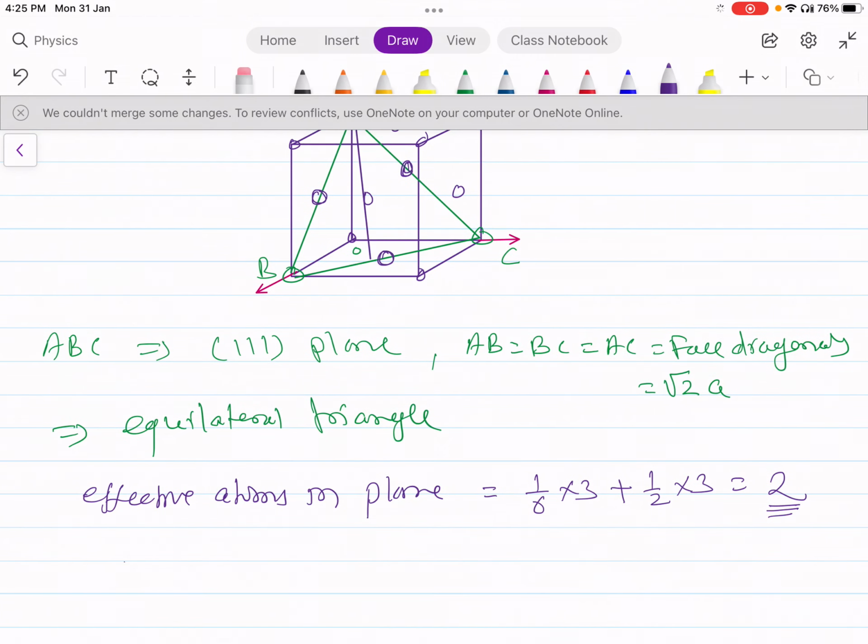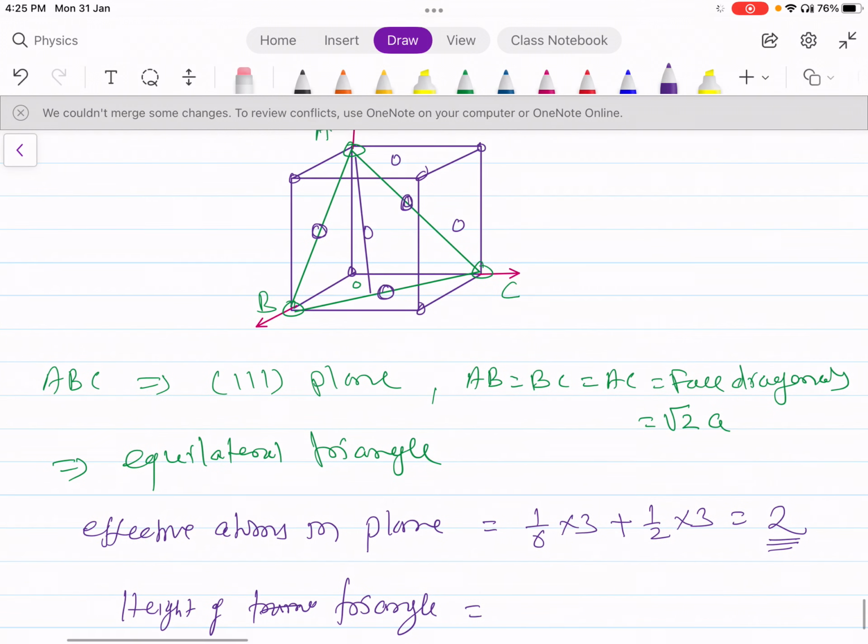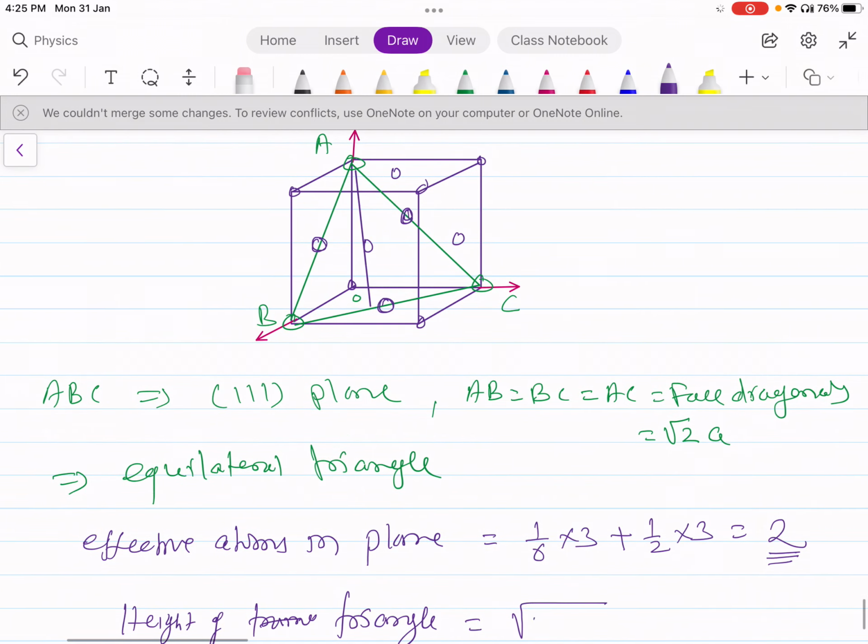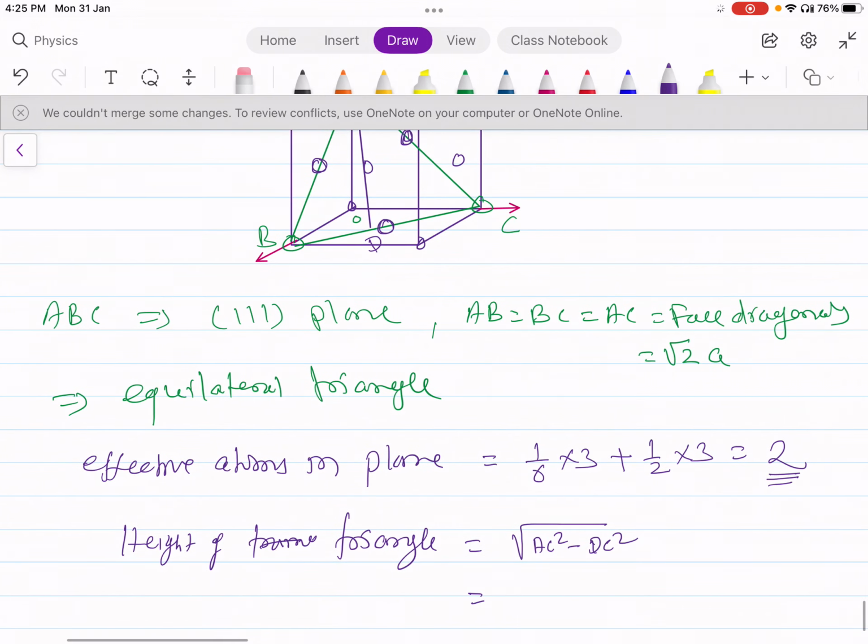Height equals the square root of AC square minus DC square, where D is the midpoint.